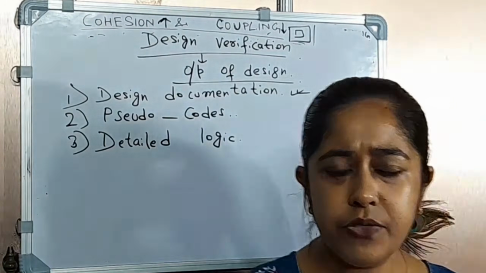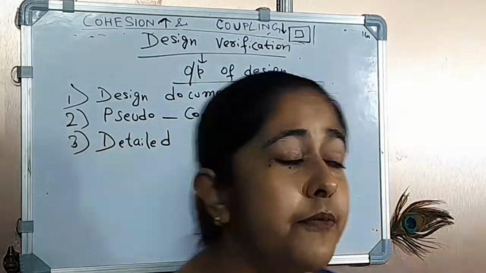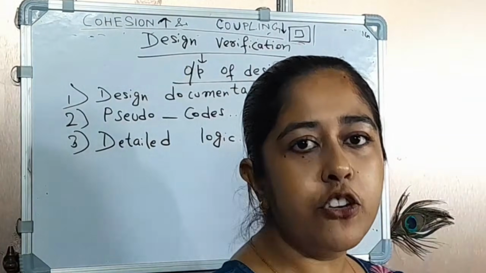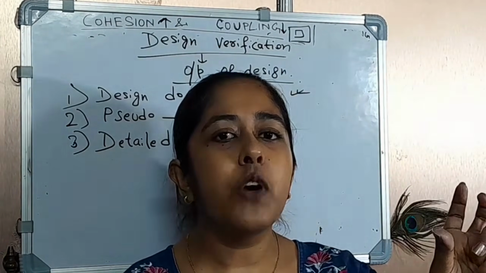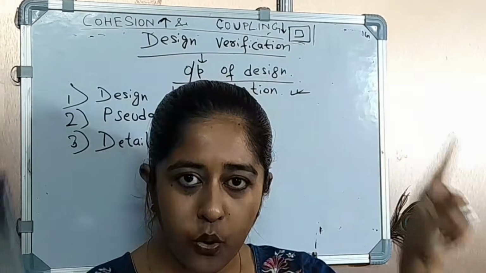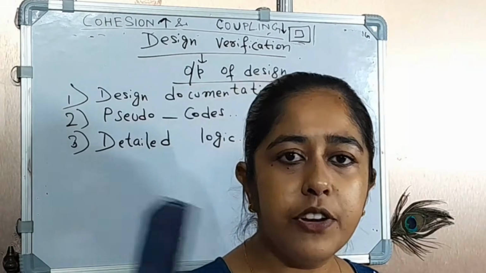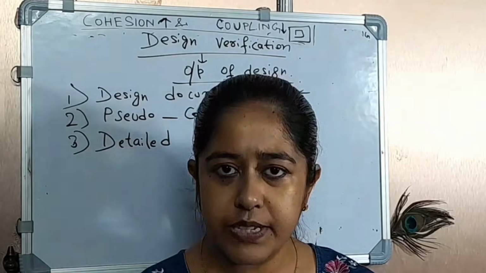But here we are getting a detailed logic now. Since you have designed your whole software, now you have the logic. There you have only the requirements gathered. Now you have the whole structure of the detailed design, how you are going to code or how you are going to test your data.